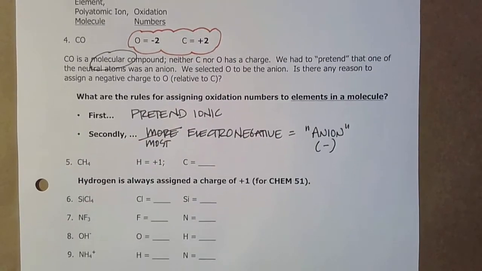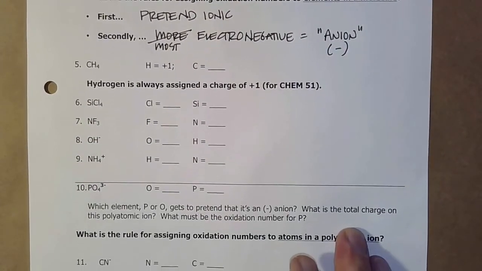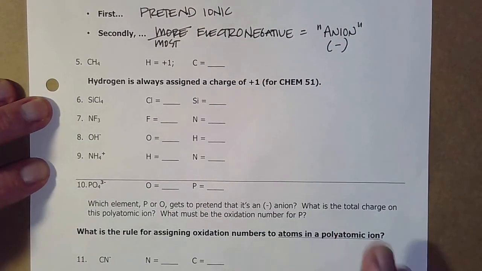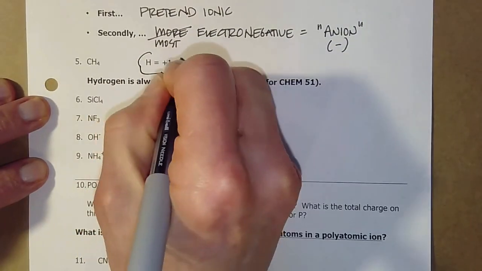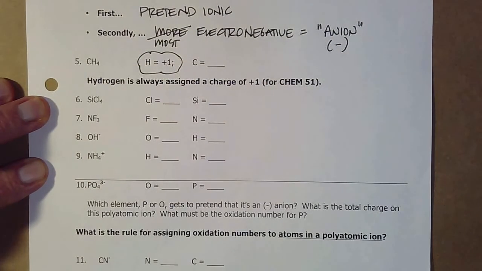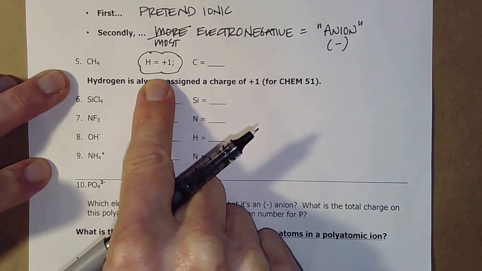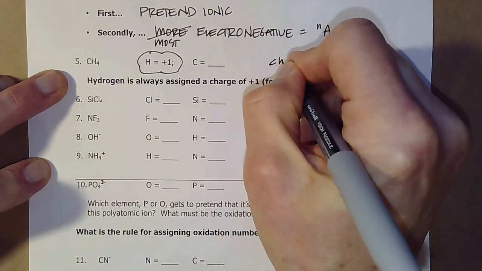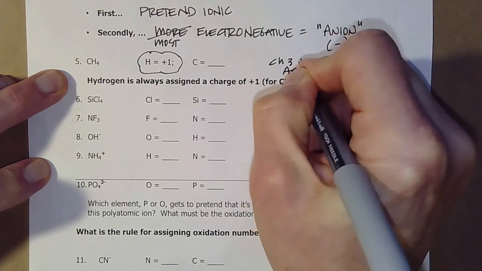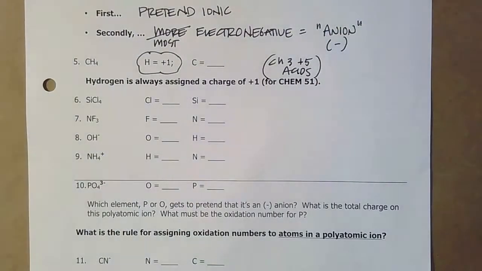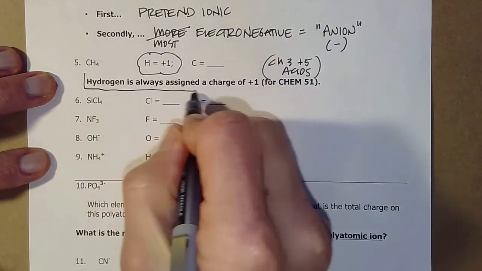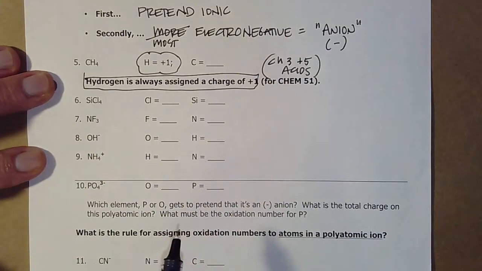If I look at this next one here, number 5, I've just assigned that. I'm assuming that carbon is going to be negative. It's more electronegative. But where have we seen H+? Oh, yeah. Chapter 3 and 5, acids. Now, this is not an acid, but it's something we've already seen. So we say, okay, we're going to say hydrogen is always assigned +1 for Chem 51.